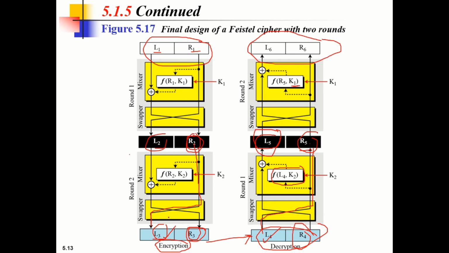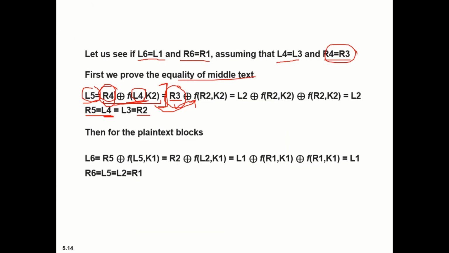We can find it using L2 XORed with F of R2 and K2. So this is the same thing which we have written over here, L2 XOR F(R2, K2), right? And this expression is the same as it is over here. So we have replaced this R3 with this expression, right?